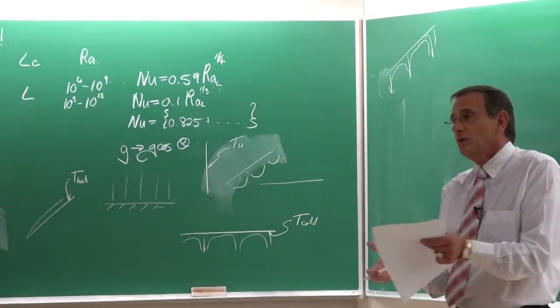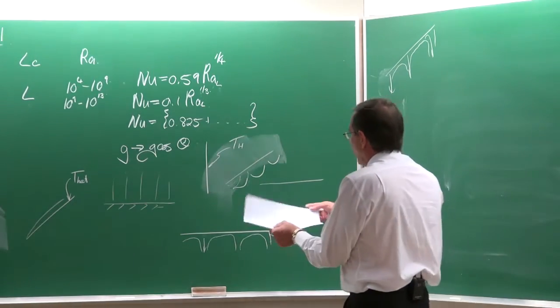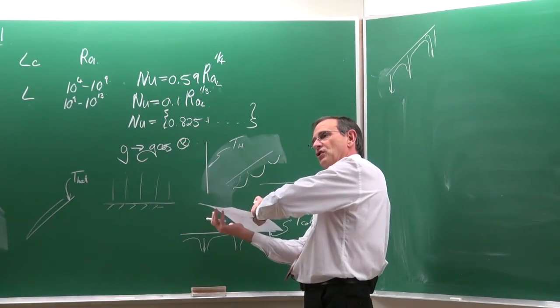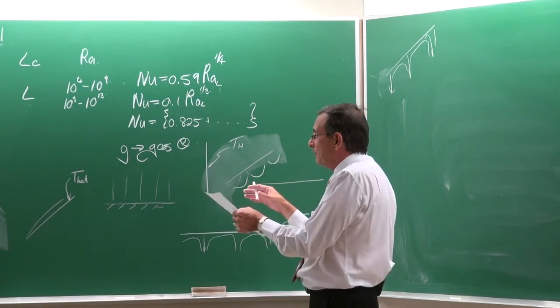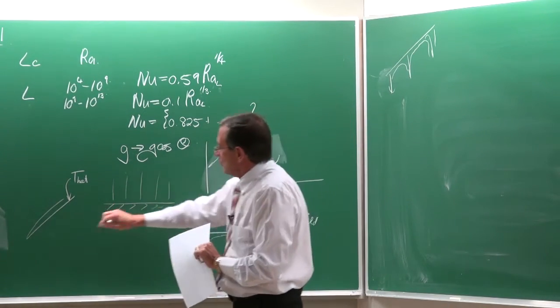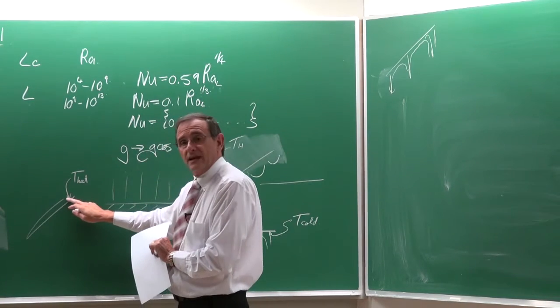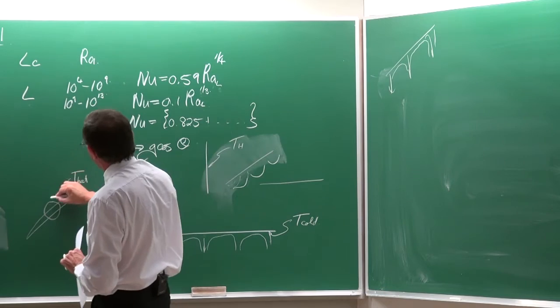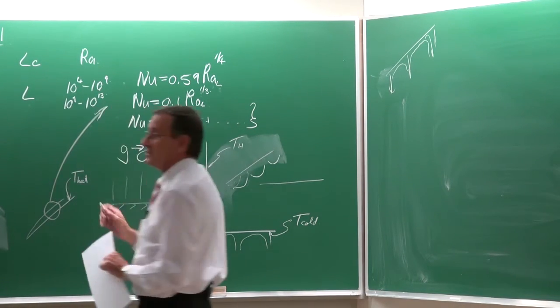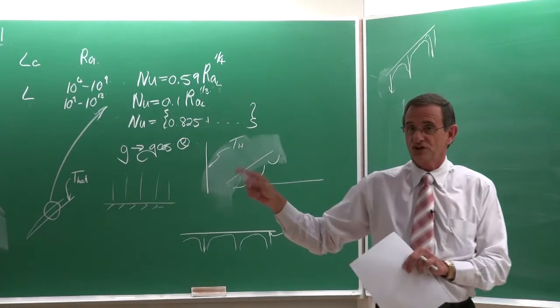So depending on the orientation of the plate, and in terms of which side is the hot side or the cold side, you can have situations where you're going to have a boundary layer that develops like that. And it's only for those cases where you can use that equation there. And that is what the textbook is trying to say.